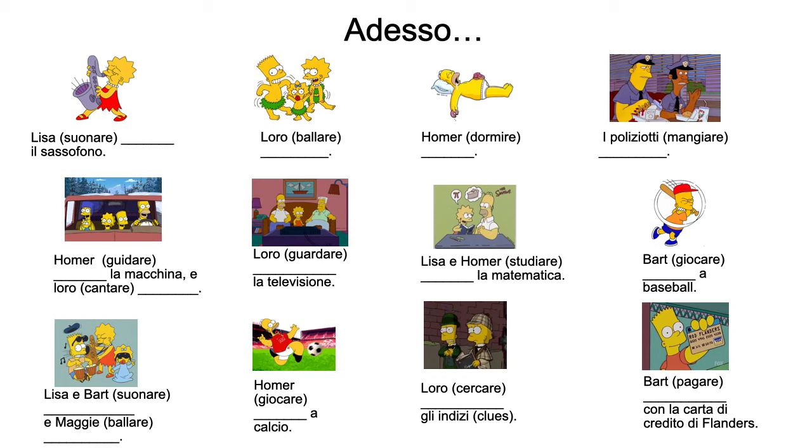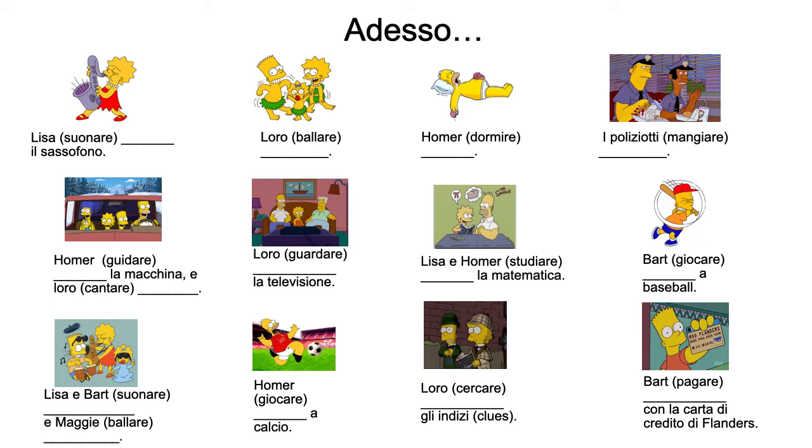Now, of course, if they're happening right now, I am not going to use passato prossimo, right? We said that passato prossimo is a verbal tense that is used to talk about the past, so I would never use it to talk about what is happening right now. What would I use then? The present. What is the present? Well, it is what we have studied already before passato prossimo. Remember, all those conjugations that we did were the present tense.